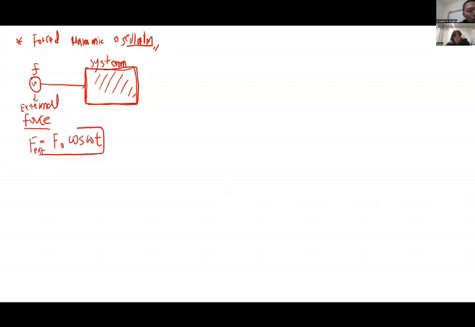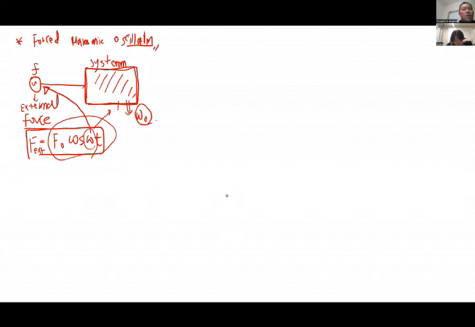The external force is usually assumed to have a cosine or sine term. The system may have an external force applied to it that has its own particular frequency. This is the specific frequency of the external force. This omega has nothing to do with the internal frequency of the system.